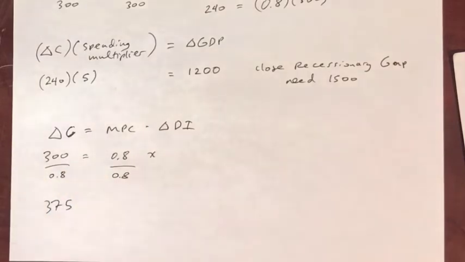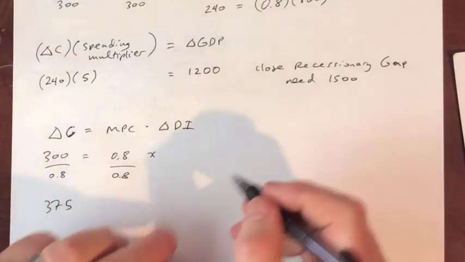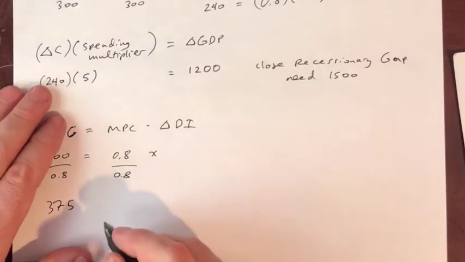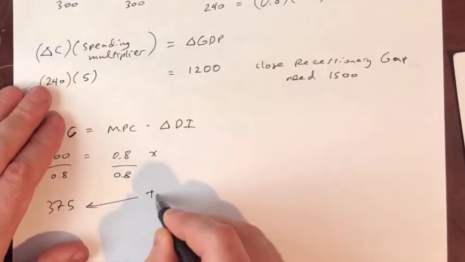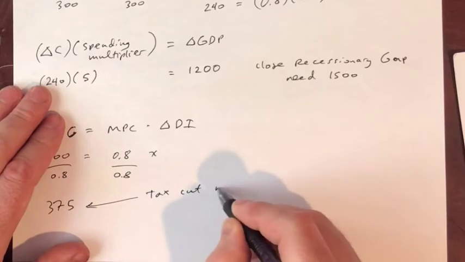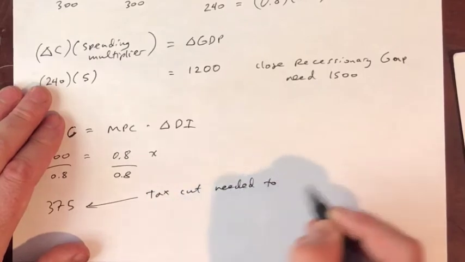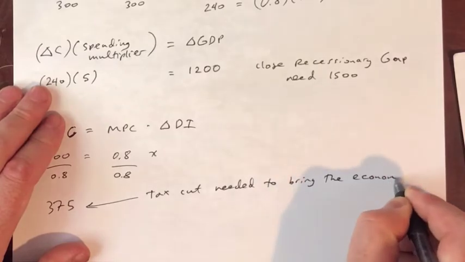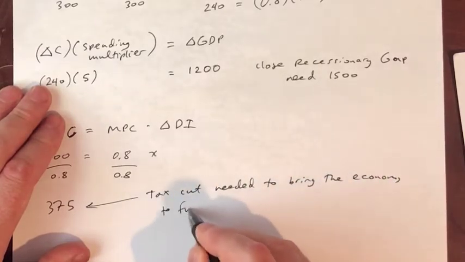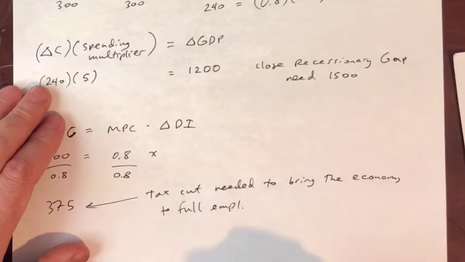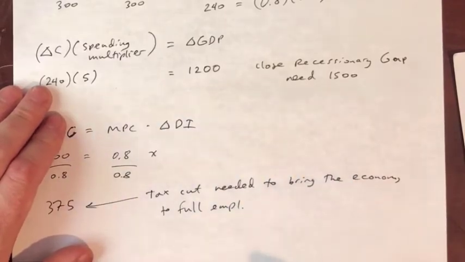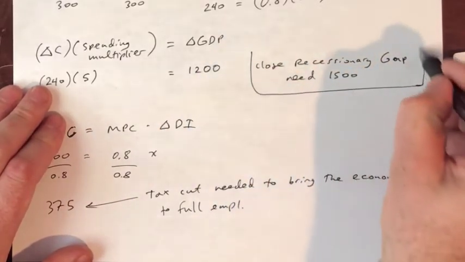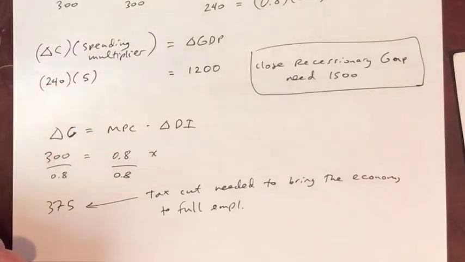So what this is telling us, okay, so we got this answer. What this means is the 375 represents the tax cut that would be needed to bring the economy to full employment, potential GDP, or in other words, to close the recessionary gap.